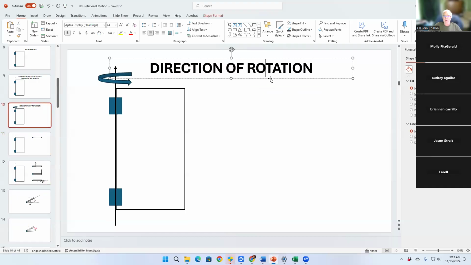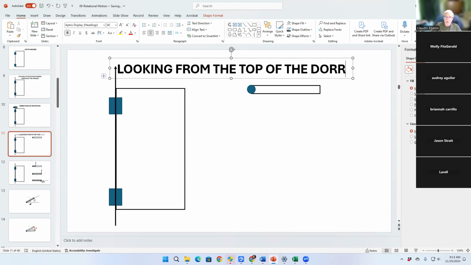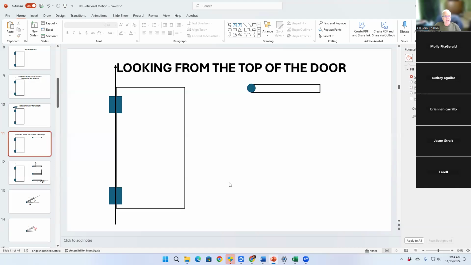Looking from the top of the door. Looking from the top of the door. Door and axis of rotation. Okay?